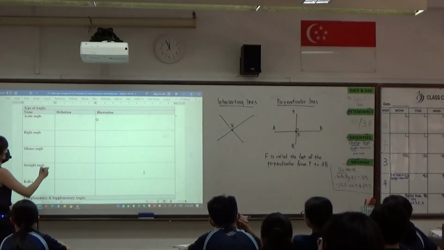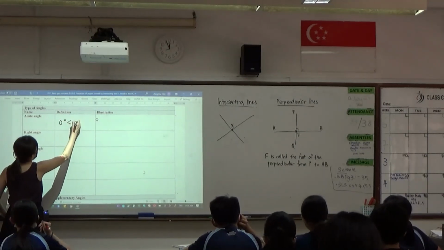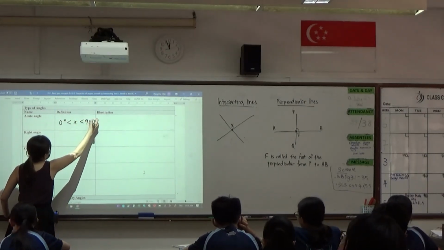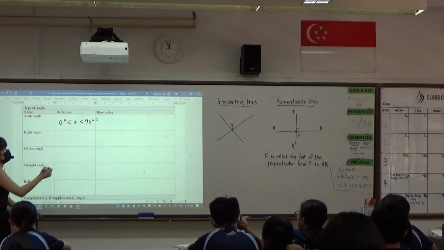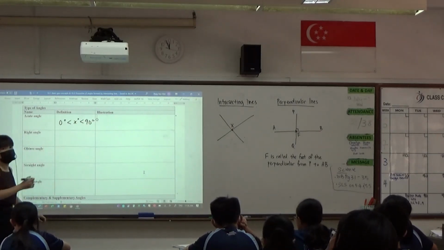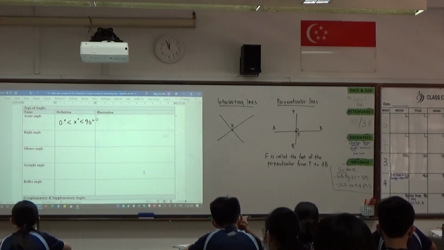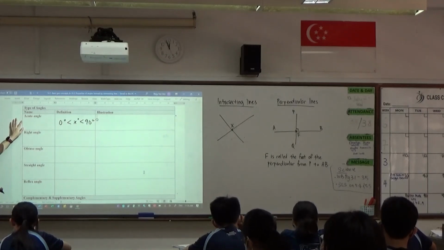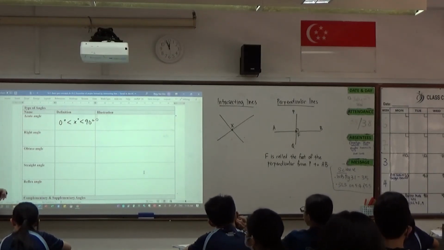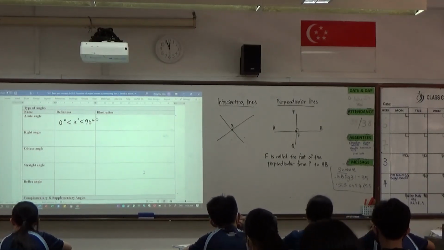Yes. It is within the inequality of 0 to 90 degrees. Even 89.99999 is still an acute angle. Try to remember: acute, just like the word suggests, means small. So 0 to 90.